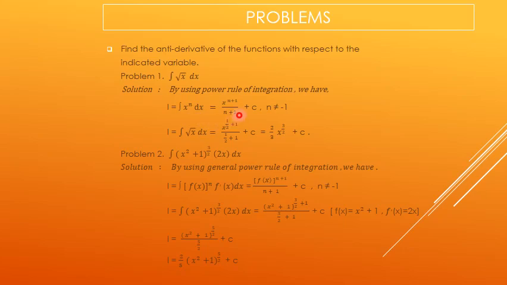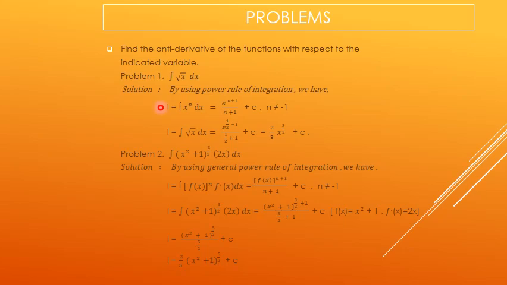Okay, and we add plus 1 with this n, and also we divide by 1 upon 2 plus 1 according to the formula. Plus c is again the arbitrary constant because this integral shows the indefinite integral. So we must put the constant here.